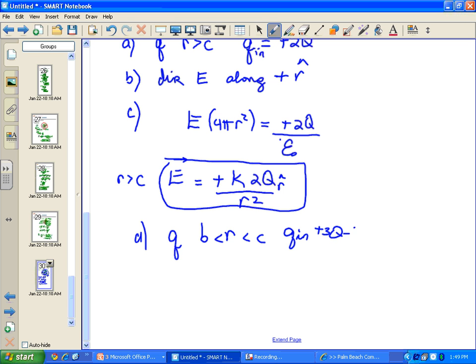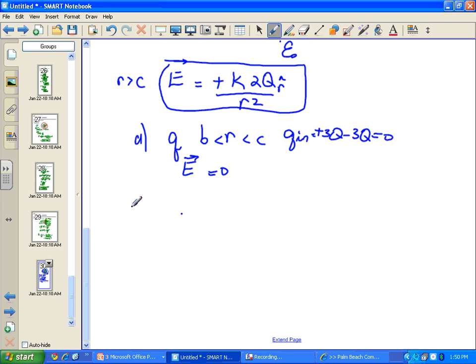Plus 3q minus 3q equals 0. Therefore, if asked to determine the electric field, we know it must be 0. Good. Moving along, this was part E. Again, let's just write down Gauss's law, E times 4 pi r squared, but Q inside equals 0. Therefore, E is equal to 0.